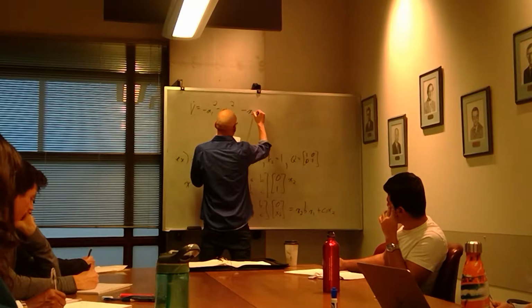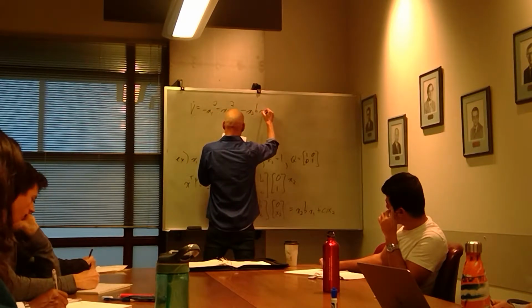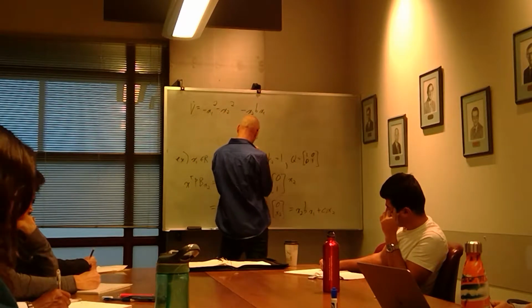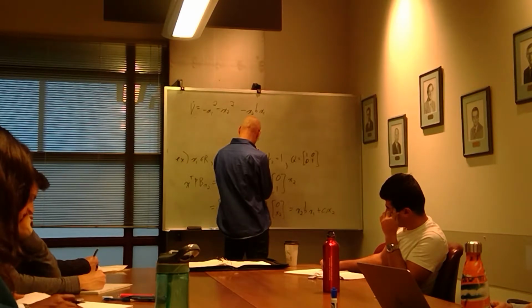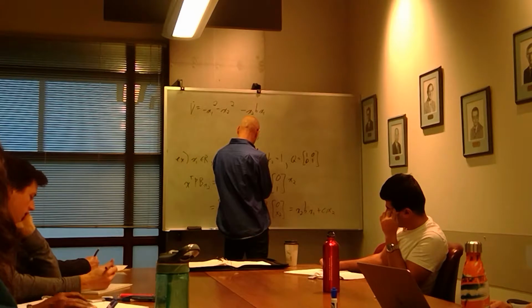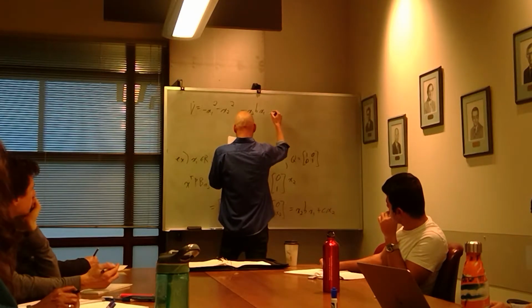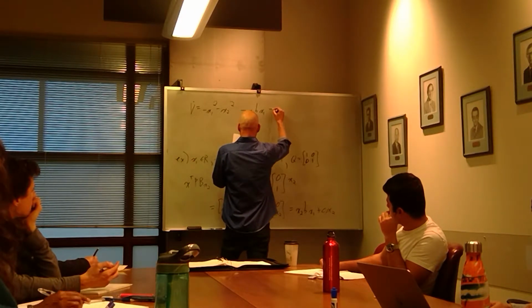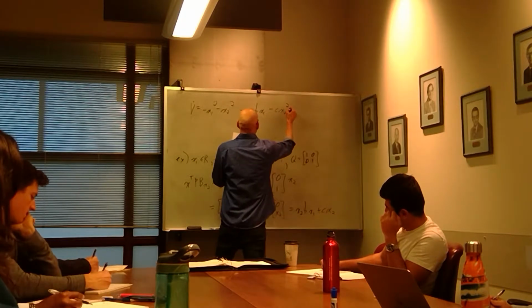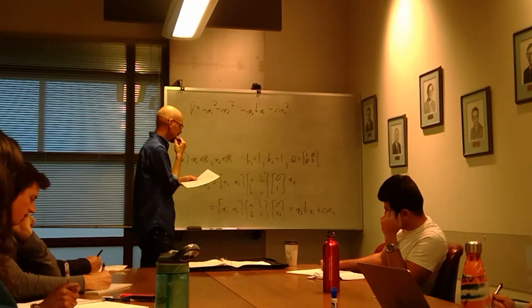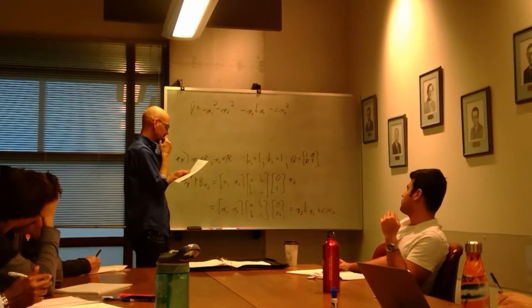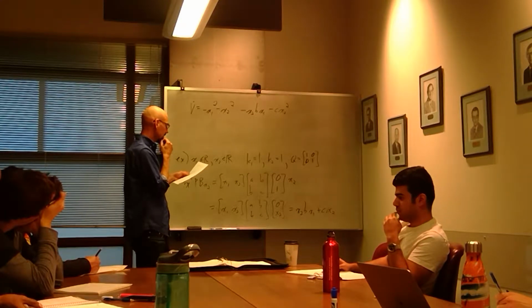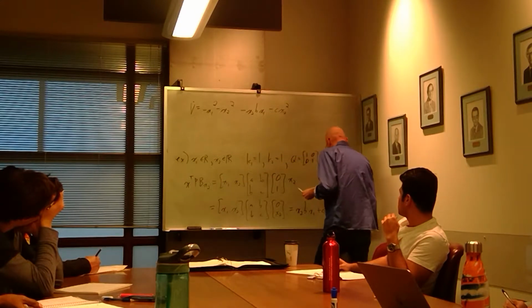So I get minus X2 B X1 minus C X2 squared. This one is supposed to be X2 squared.